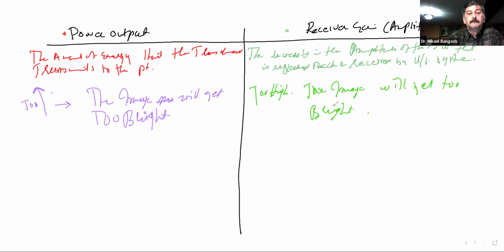Did you guys get that? Yeah. Good. Do you guys know why? Why will your image be too bright if you increase your power output too high?